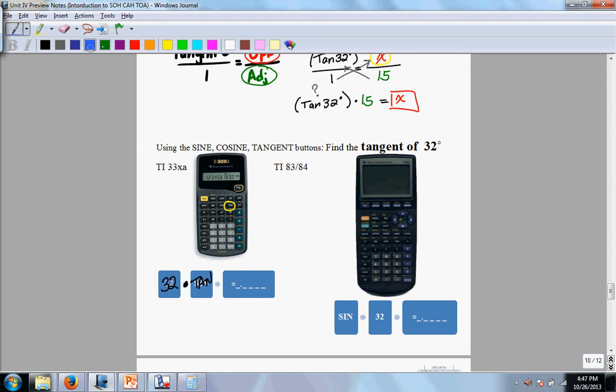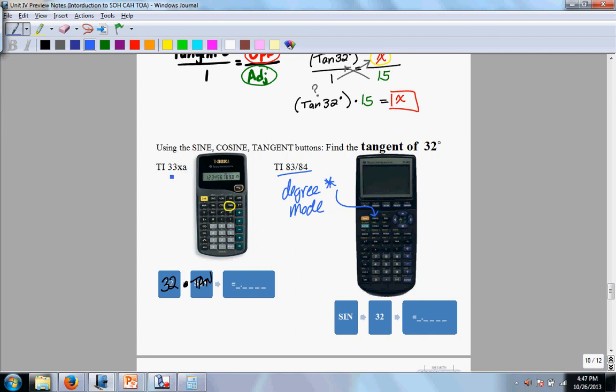Now, if you have a TI 83 or 84, you must first get it in degree mode. To get it in degree mode, there is a separate 2-minute video that has been loaded onto the website that you must watch. You're going to start by hitting mode there.